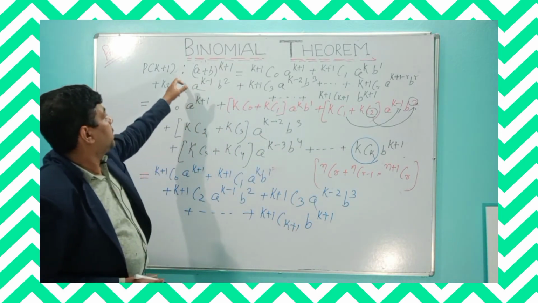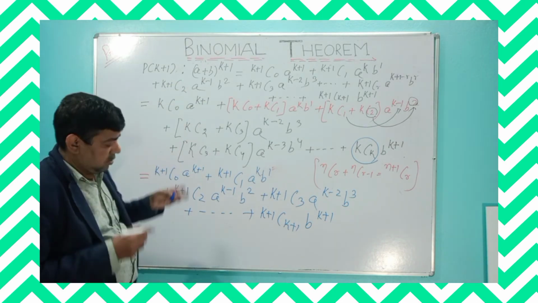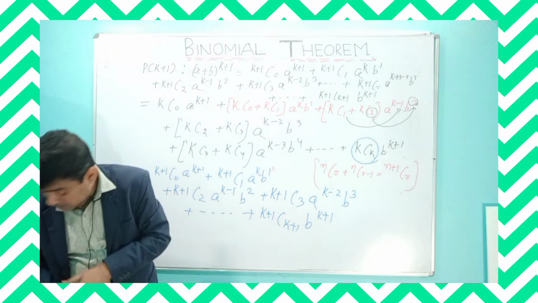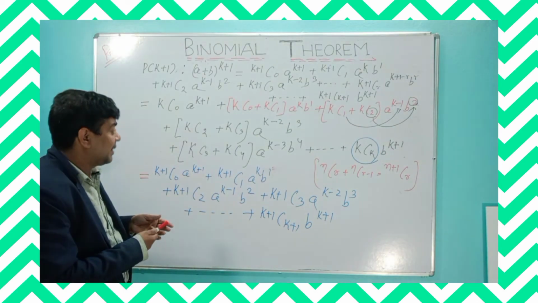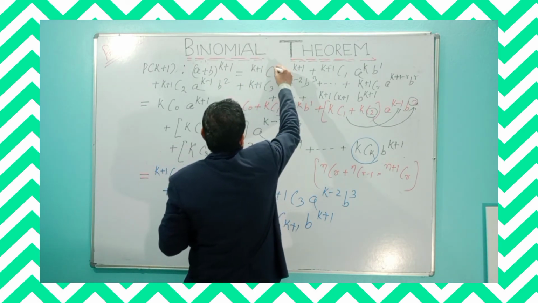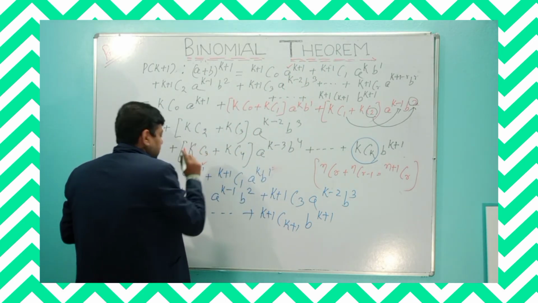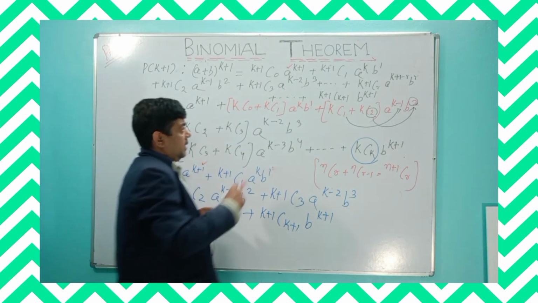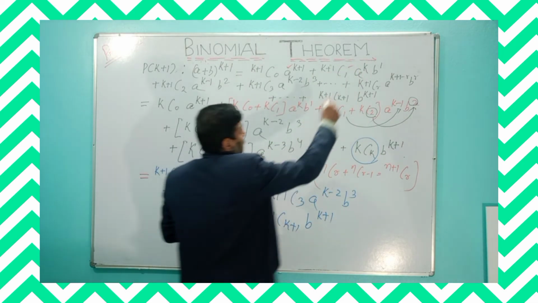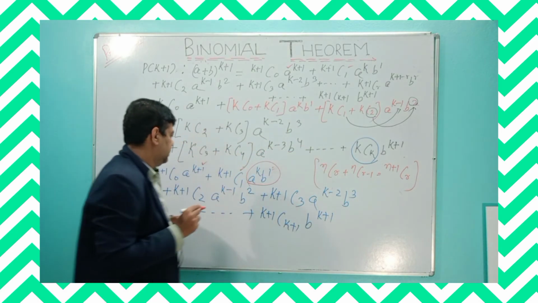And look at this statement and this statement. Let us compare what we are going to prove. Let us compare whether it is coming or not. You see K plus 1 C0, a to the power K plus 1, matches on both sides. Next, K plus 1 C1, a to the power K, B to the power 1.